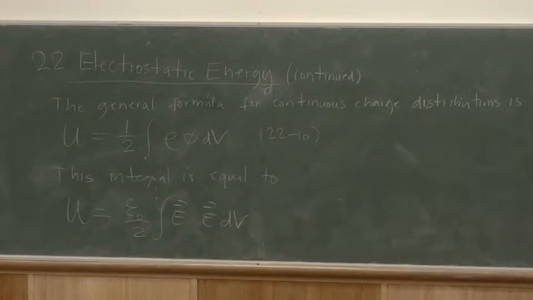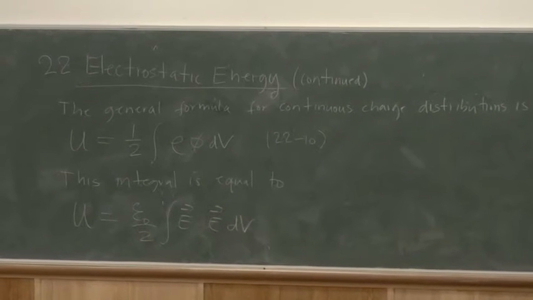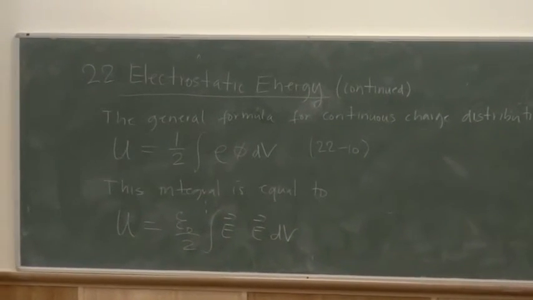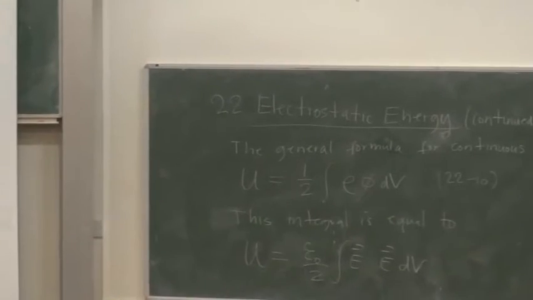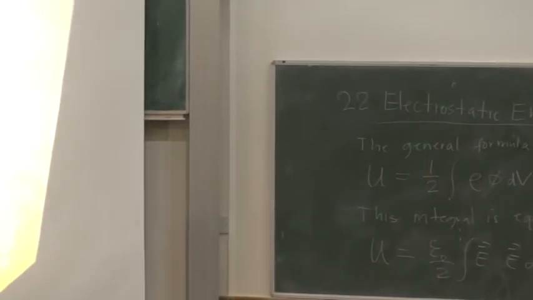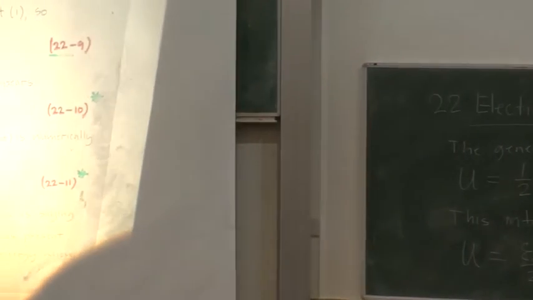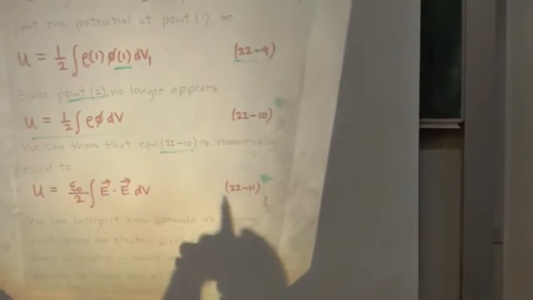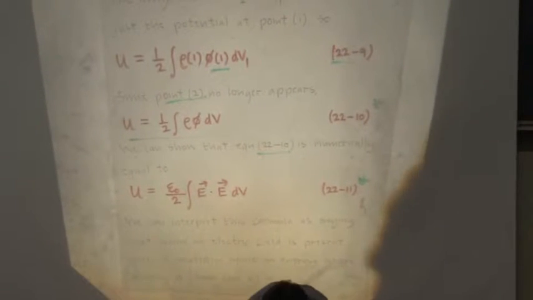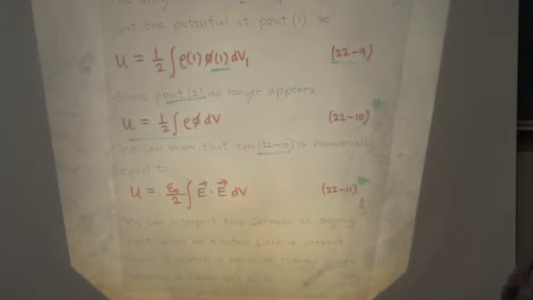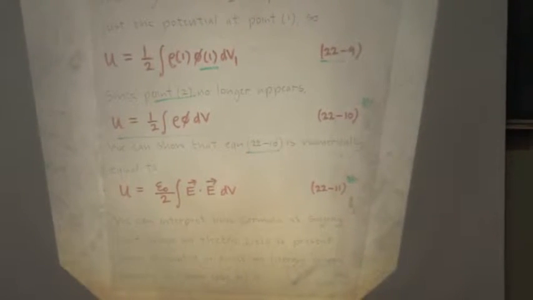So that's the formal proof that this expression and this expression are identical, and it's just manipulations in vector integral calculus that give you that. So it's just written in the VLE notes as we can show that equation 2210 is numerically equal to equation 2211. So this one was 2211 in the notes.